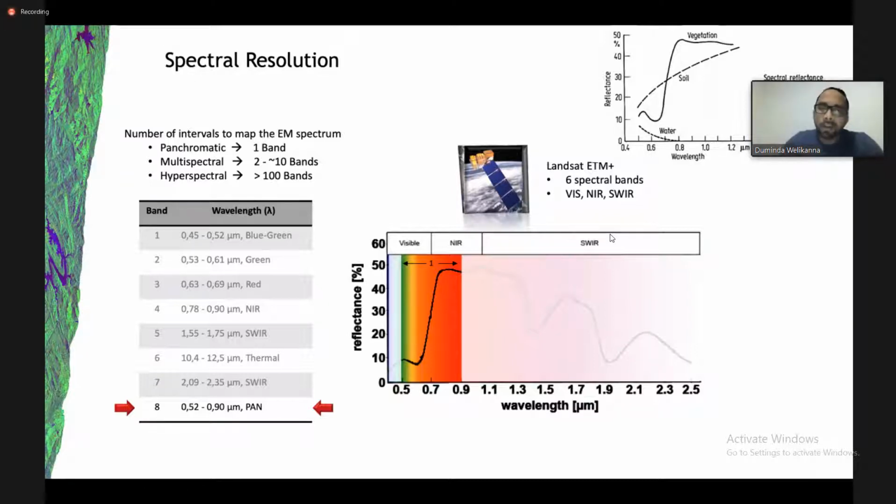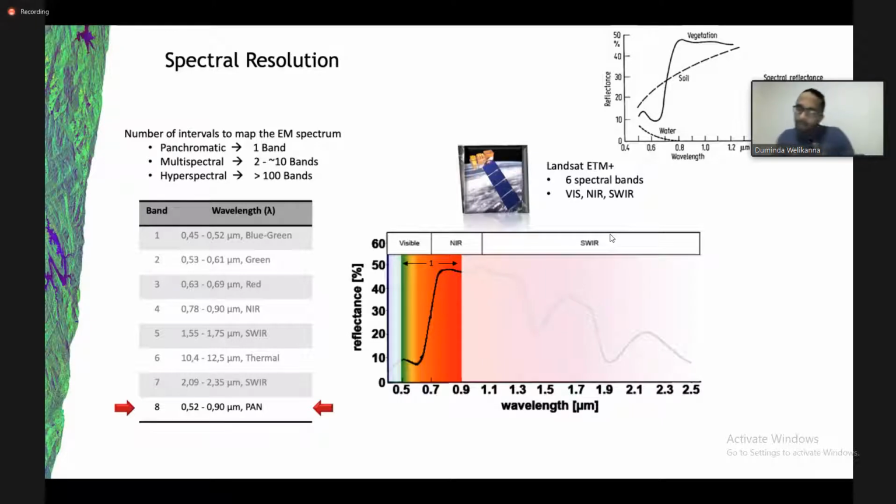So spectral resolution means how many images can be produced. In simple terms, how many images can be produced across the electromagnetic spectrum. So Landsat has 8 bands, and the pan band spans the region from 0.5 to 0.9 micrometers, which is more or less a little bit of a large spectral region, because the pan is always having a higher spatial resolution.